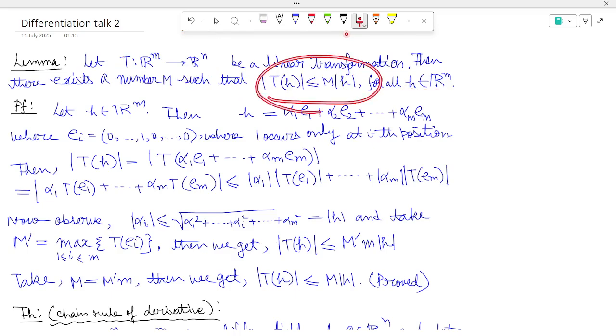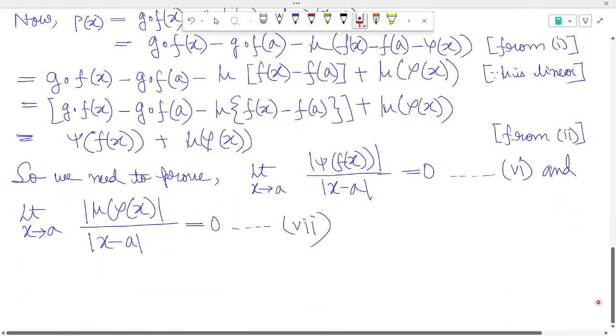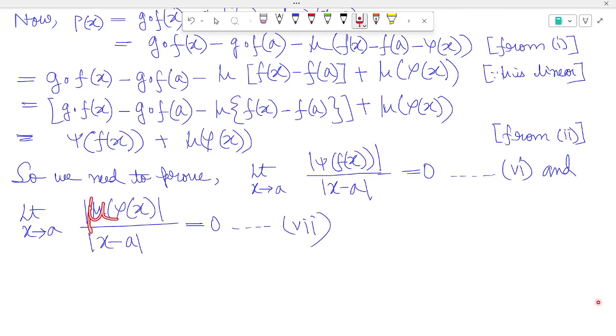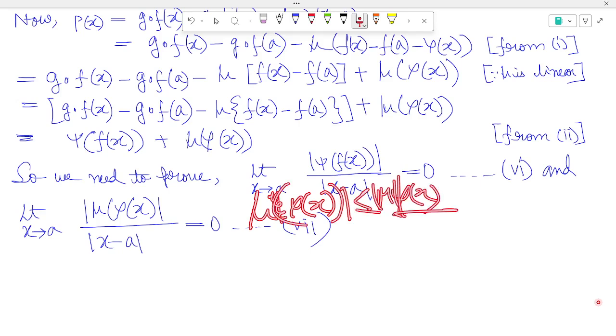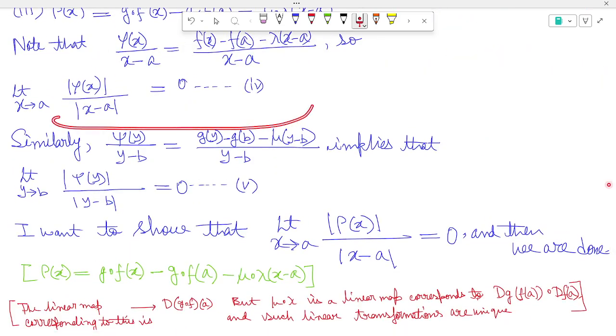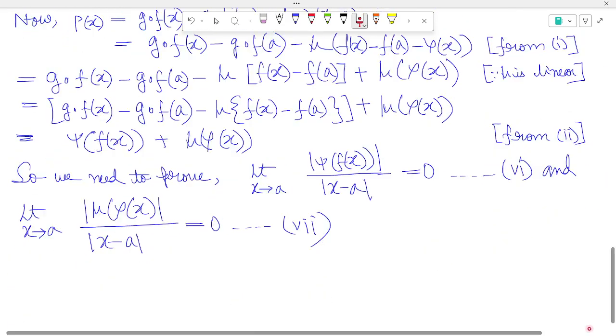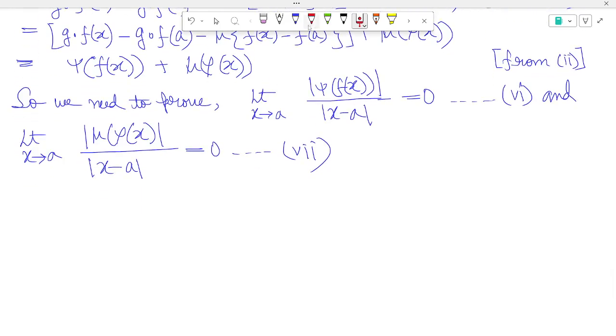We want to utilize this. Observe that mu is a linear operator. So if I apply these on mu phi x, this will give me some m into mod of phi x. Now for phi x it is established, so that means for mu it will be established. Okay, let me write.